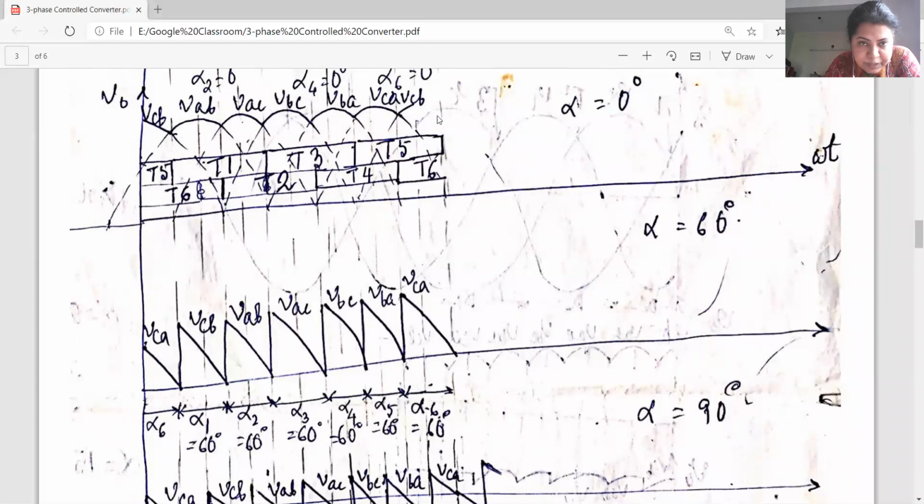Now alpha equal to 60 degree means this is 30, this is 60. So this is the instant, and this waveform will appear across the output.